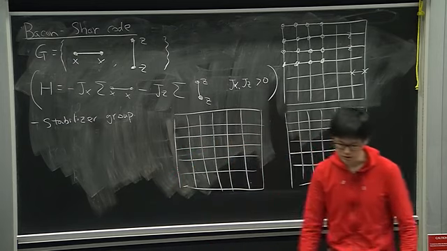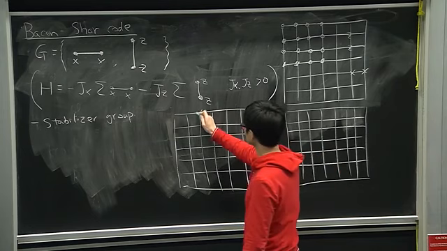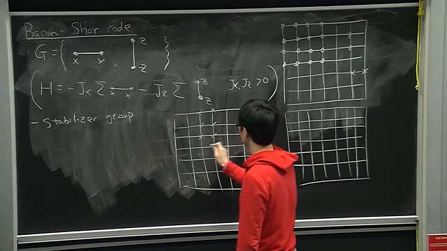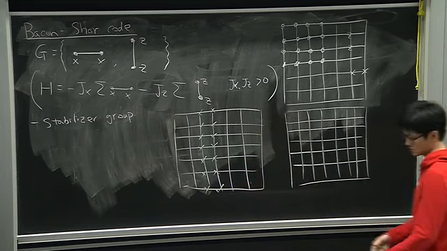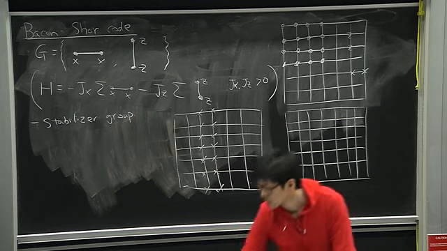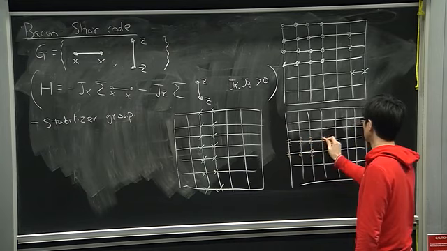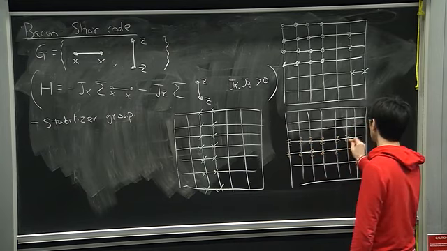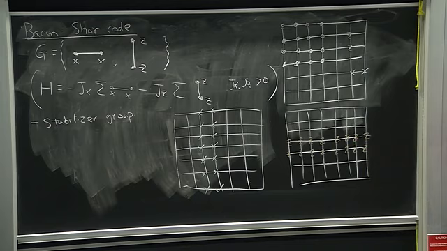Okay, let me write it down. Right. Okay, this object. And okay, this object. Now I claim that these are generators of stabilizer group.